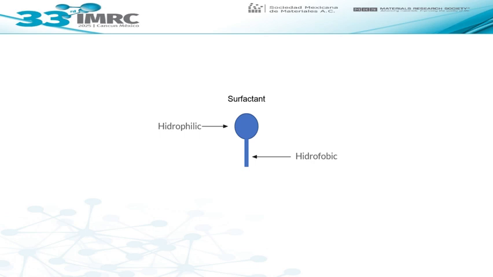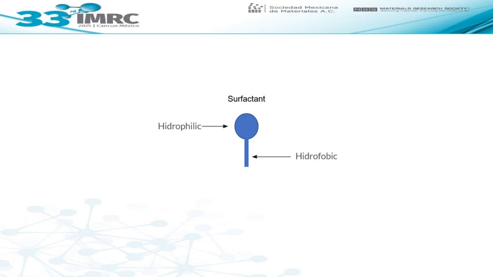Now, to do this, we chose aqueous solutions of a surfactant. In particular, we chose the surfactant because of its nature. A surfactant is an amphiphilic molecule. This means that it has two parts.